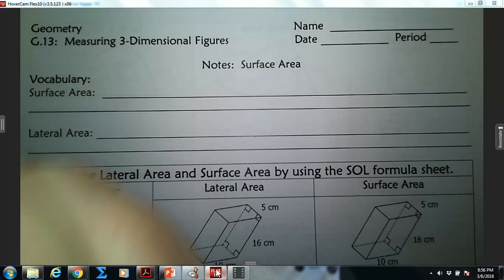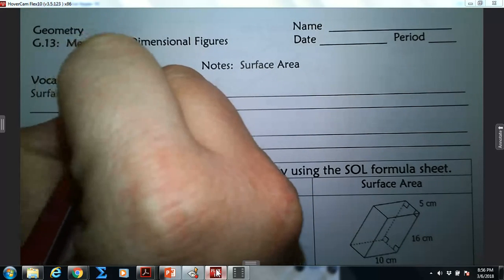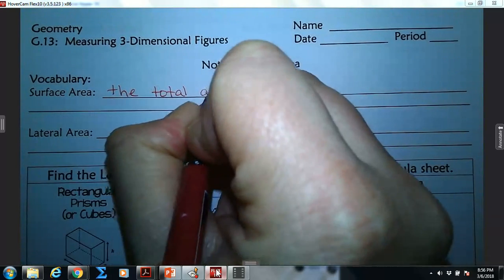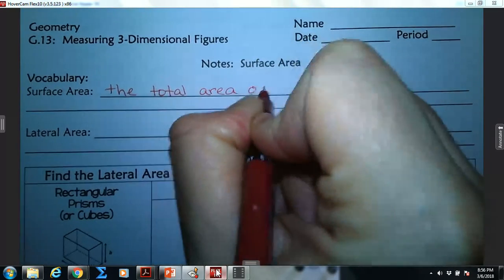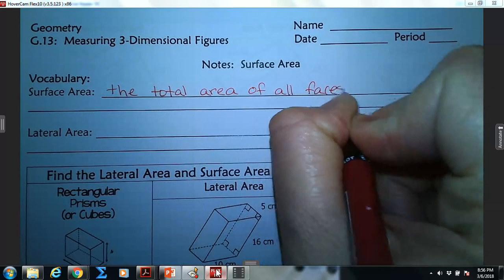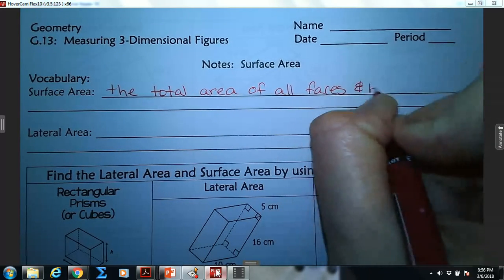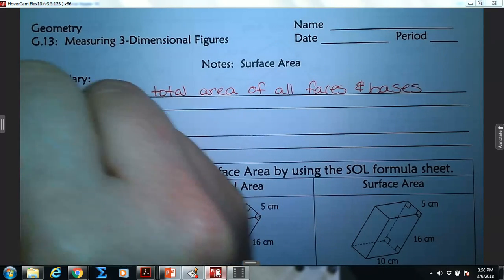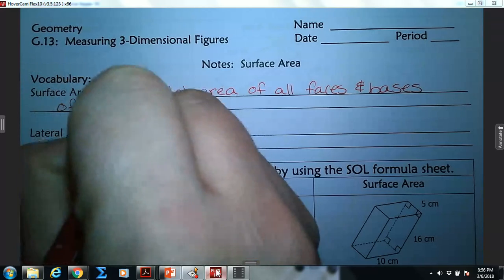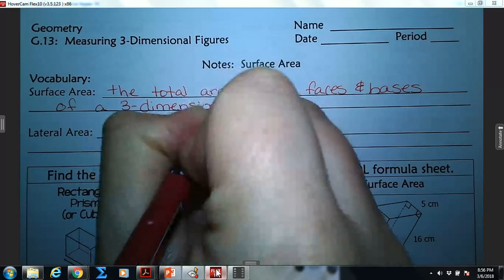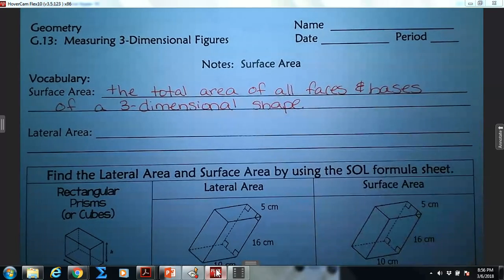Surface area is the total area of all faces and bases of a three-dimensional shape.